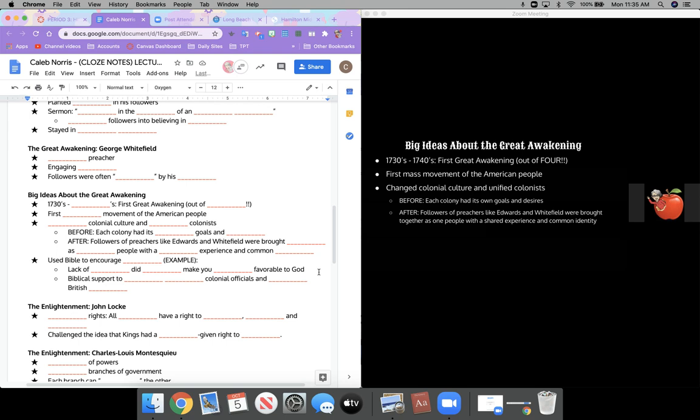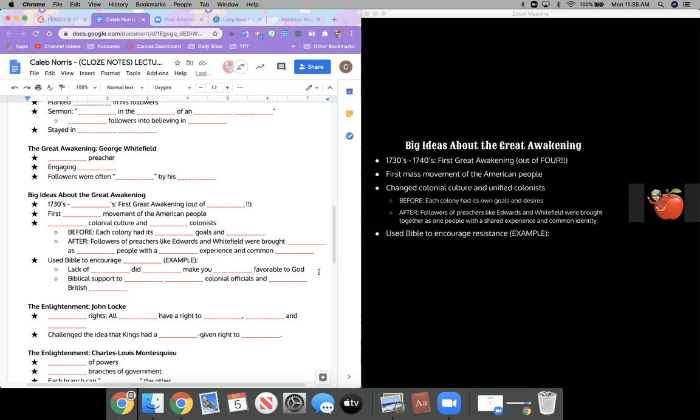So these preachers, like Edwards and like Whitefield, they brought people together as one because they all shared this experience of listening to these sermons, and they found an identity in it. It was something that they had in common. So whereas before they were broken apart, now they were coming together.